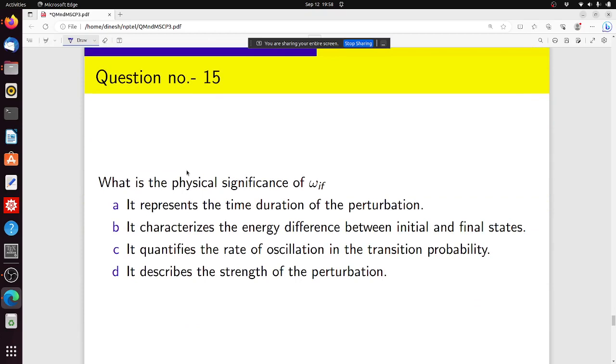Okay, what is the physical significance of omega f? We are using this the whole time now. What do you mean by omega f? The second one: it characterizes the energy difference between initial and final state. Okay, and anything else?